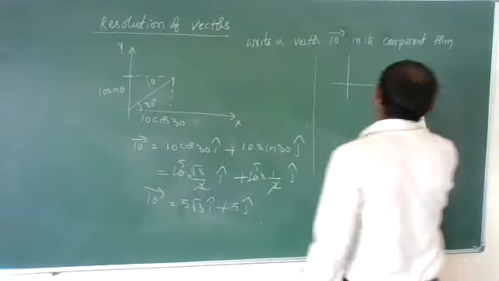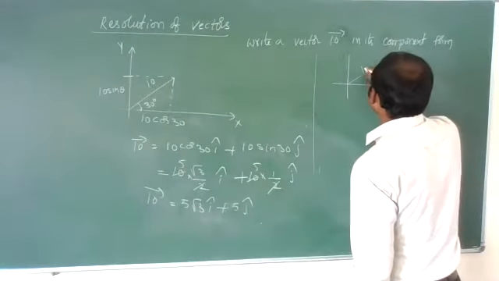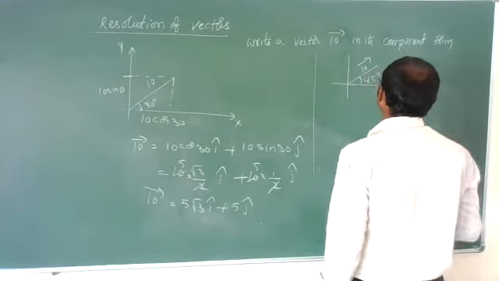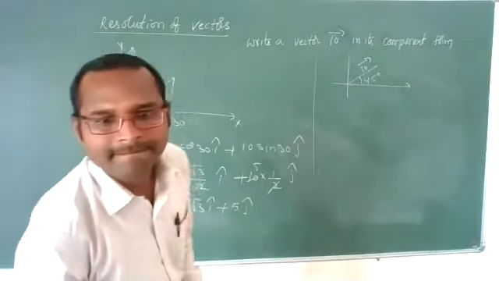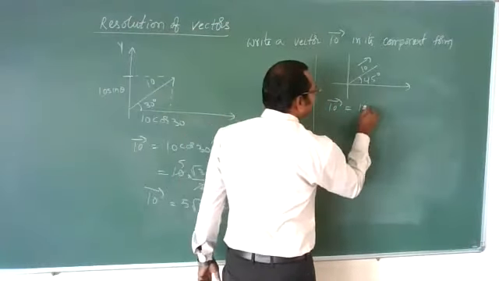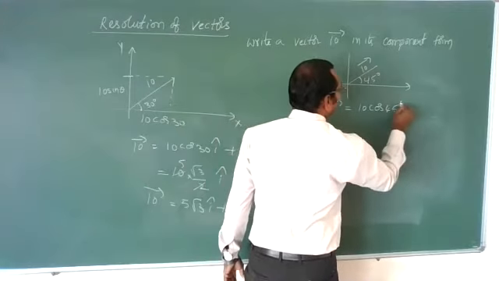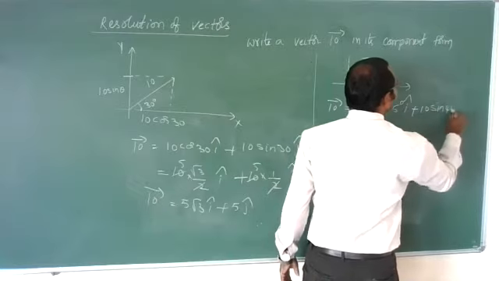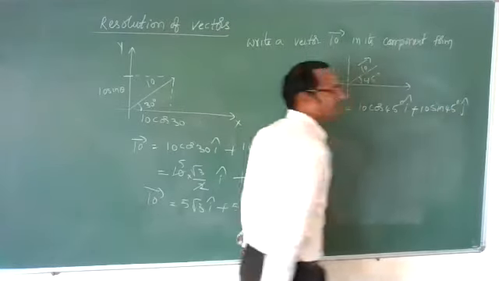But if the same 10 bar makes 45 degrees, then its value becomes 10 cos 45 degrees i cap plus 10 sin 45 degrees j cap.